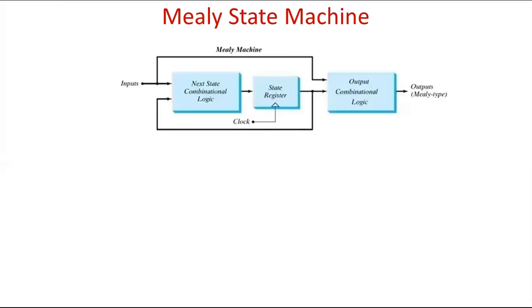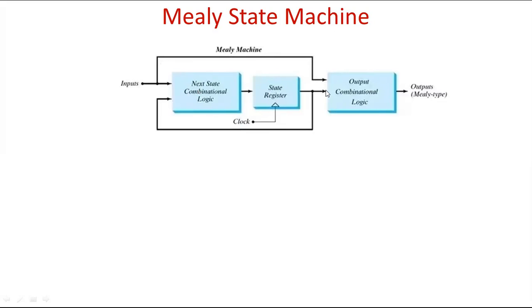Whereas in the Mealy state machine, the output is a function of the present state as well as the current input. So the output we generate has a direct impact from the current input we are giving.